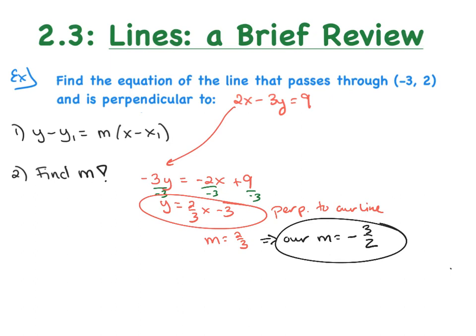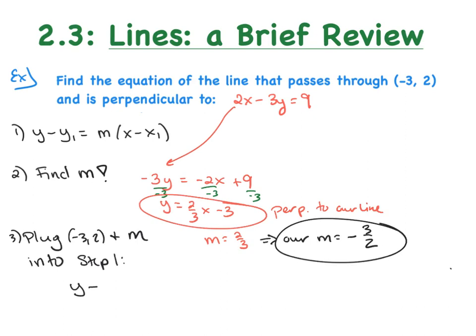And now we can plug our ordered pair, (-3, 2), and our slope into step 1.